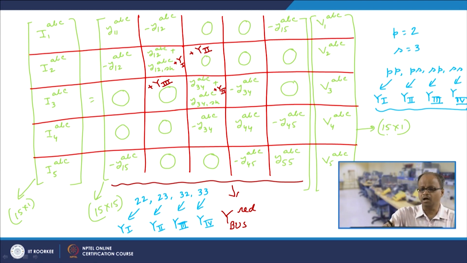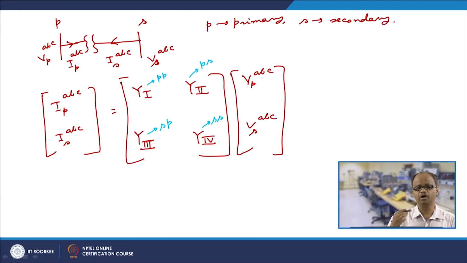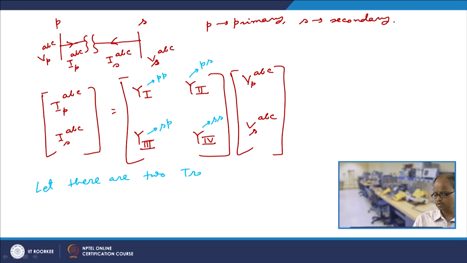Now, suppose instead of one transformer, let us say I have 2 transformers. One is between bus P and S and another is between bus P dash and S dash.